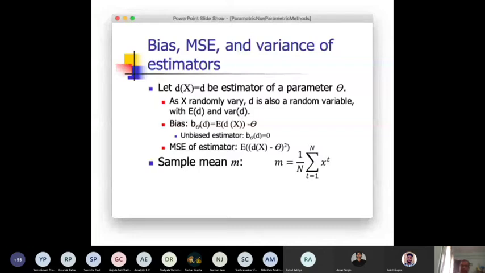So the mean is very much related with the expectation of that random variable itself.